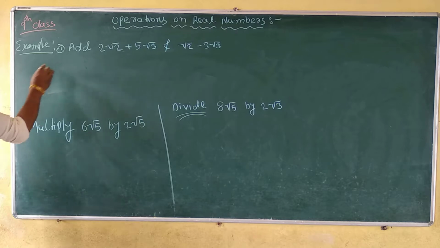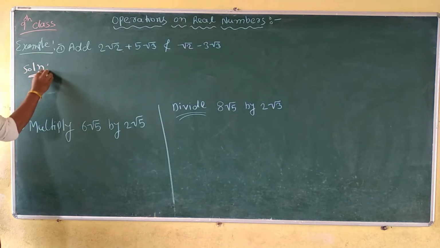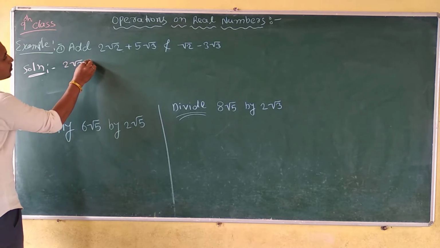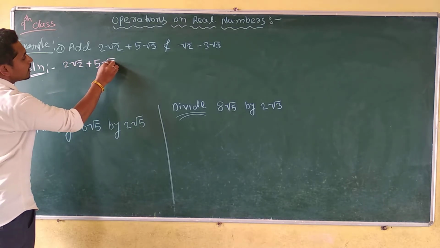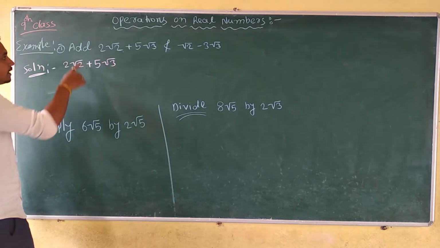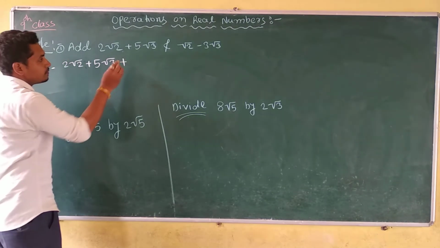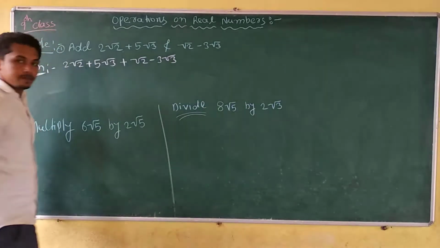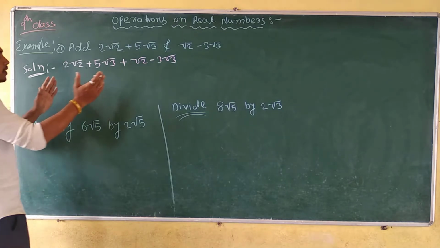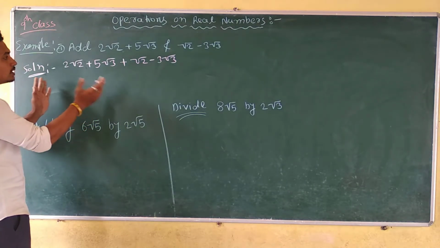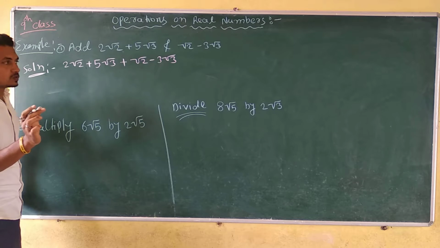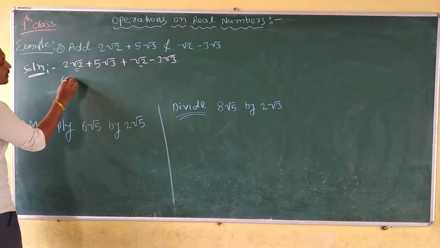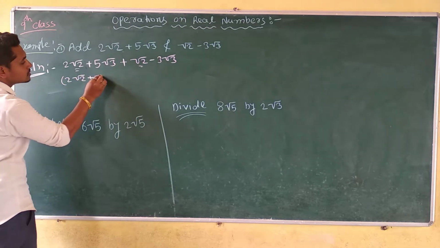Let's see the first one. Solution: add 2 root 2 plus 5 root 3 and root 2 minus 3 root 3. Now we write the similar square roots together. First, root 2 terms in a bracket: 2 root 2 plus root 2.